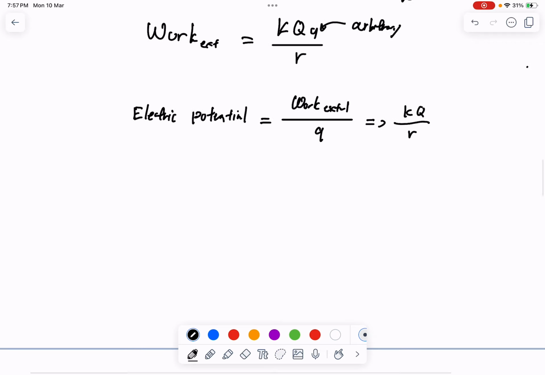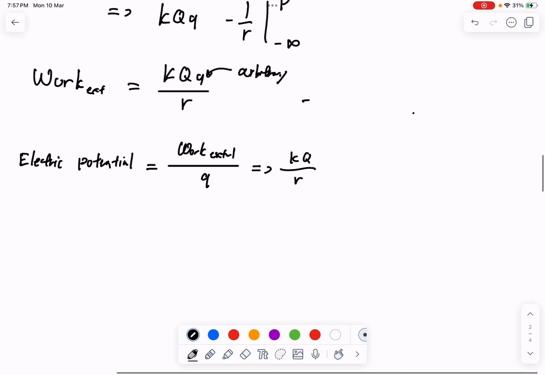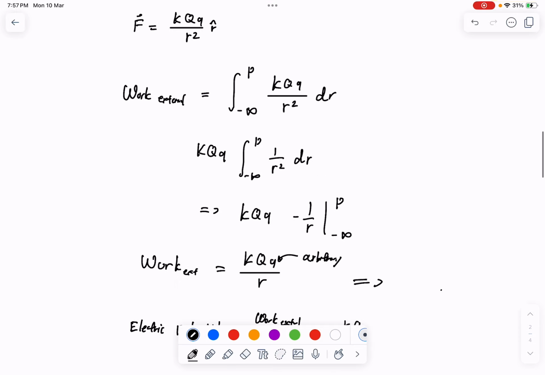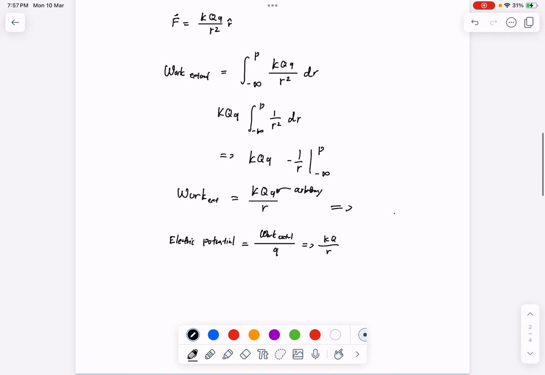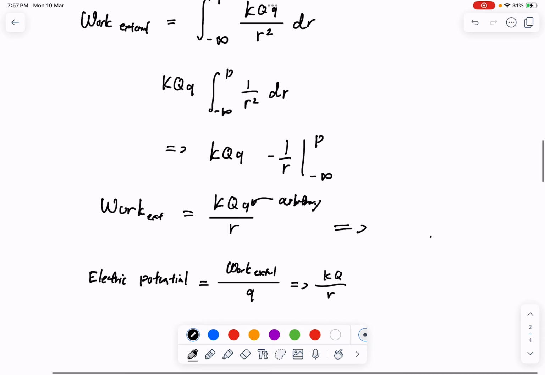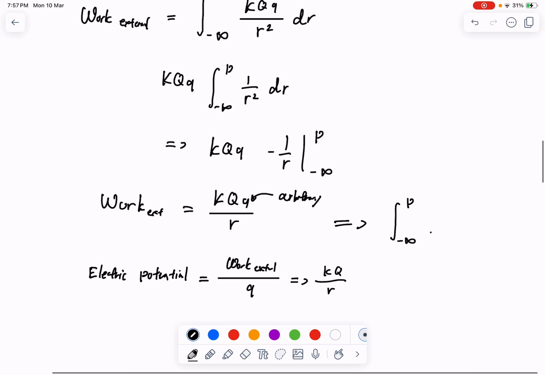And the work that I've done can also be written, because I'm pushing this in the positive direction with magnitude qE, as the integral from negative infinity to point P of qE dot dr.